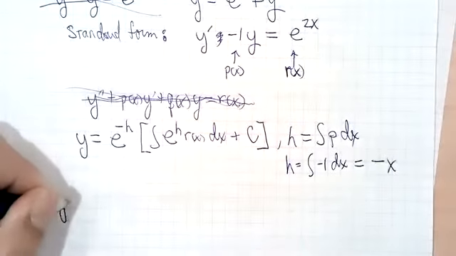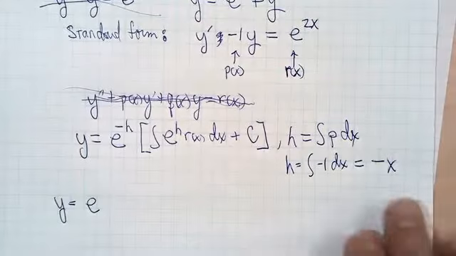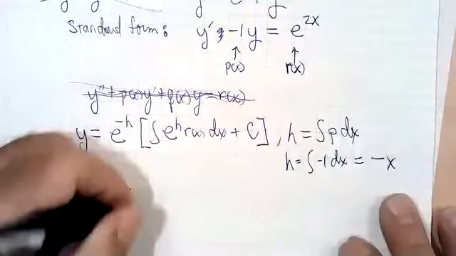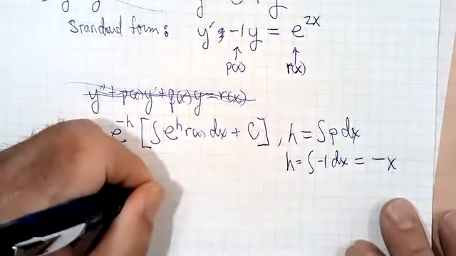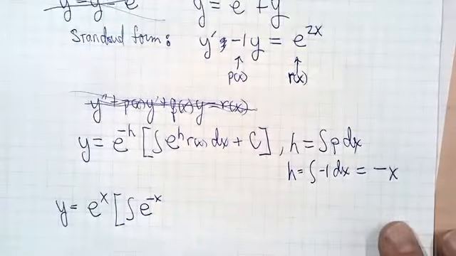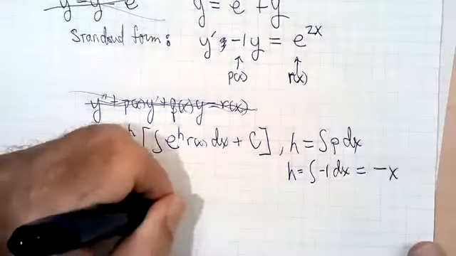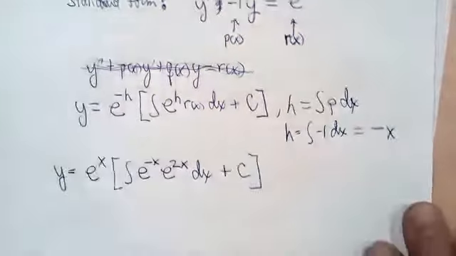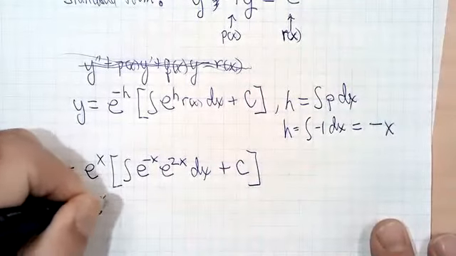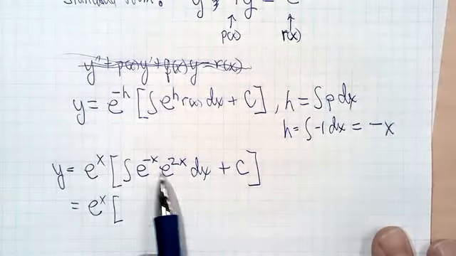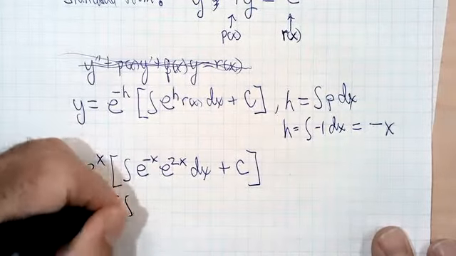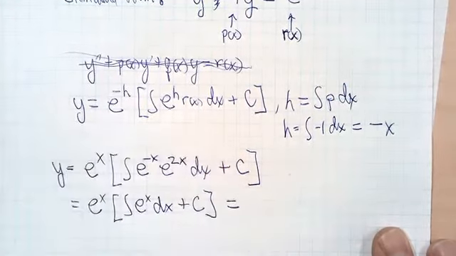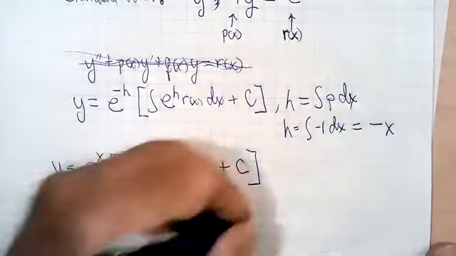So y is equal to e to the minus x, times the antiderivative of e to the h, which is minus x, times r of x. R of x is e to the 2x dx plus c. Okay, e to the 2x times e to the minus x is e to the 1x. And fortunately, that antiderivative is particularly easy.